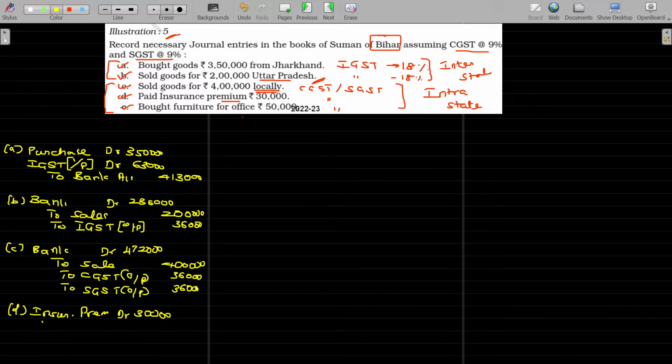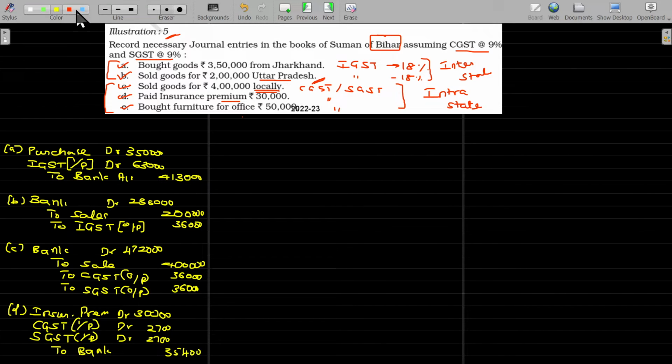The tax being CGST for input and SGST for input. Debit and debit. 9%, 2,700, right? 2,700 for the CGST, another 2,700 for the SGST. The overall payment here being 35,400. So 35,400 to bank.